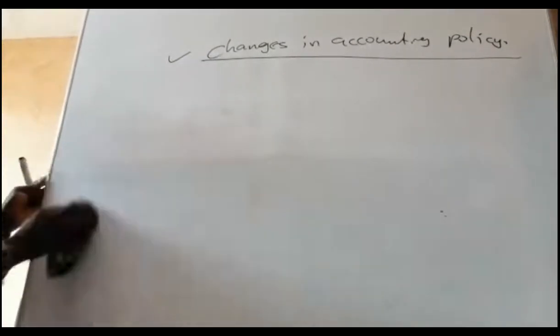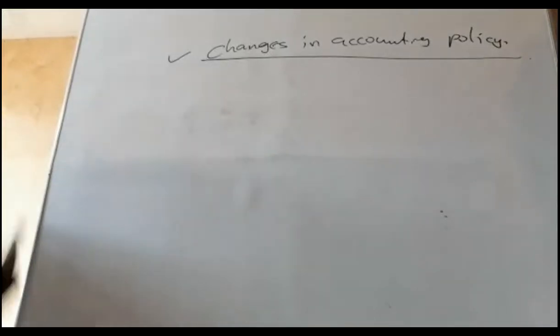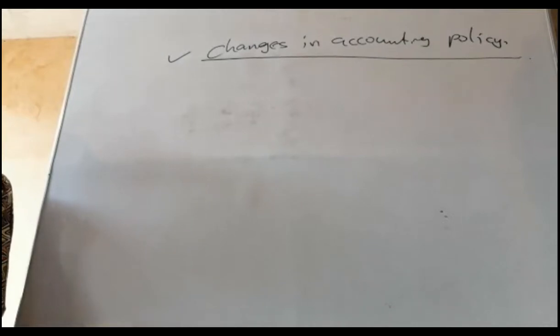Aside from the general rule, when there's a need for change in accounting policy, then you are allowed. So, let's look for the two conditions required for changing accounting policy, and then you are fine.